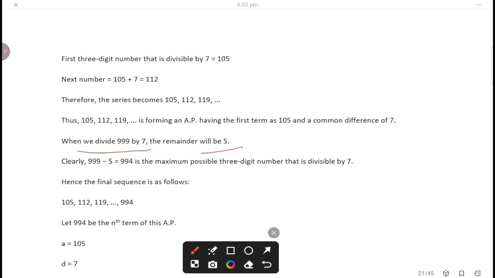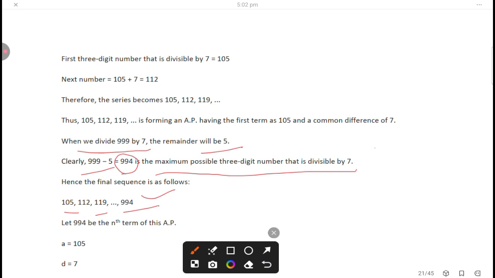So 999 minus 5 equals 994, which is the last maximum possible 3-digit number divisible by 7. So the sequence ends here. Starting is 105, 112 second term, 119, and so on, 994 is the last number.